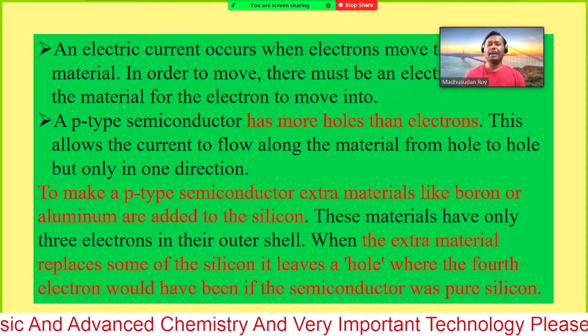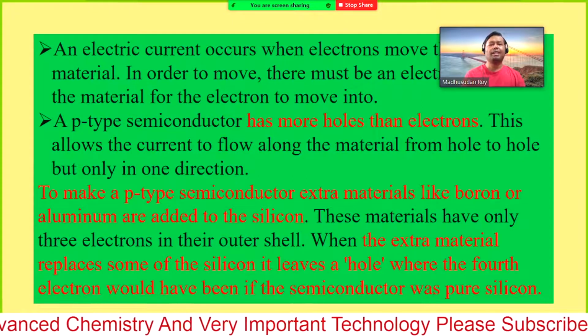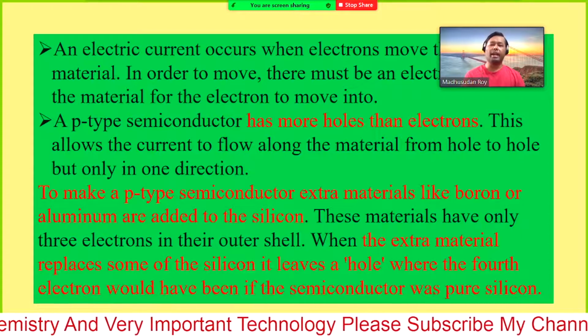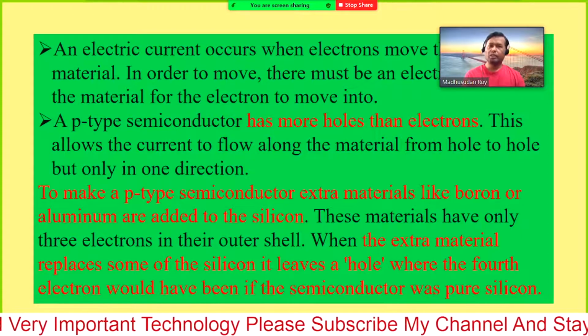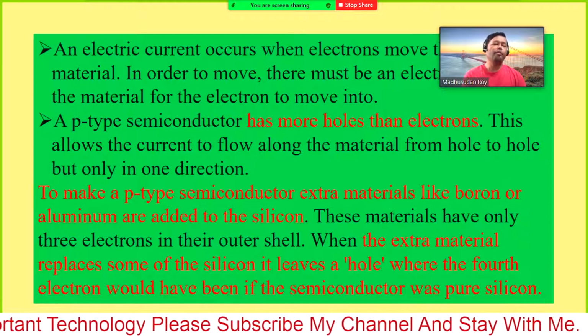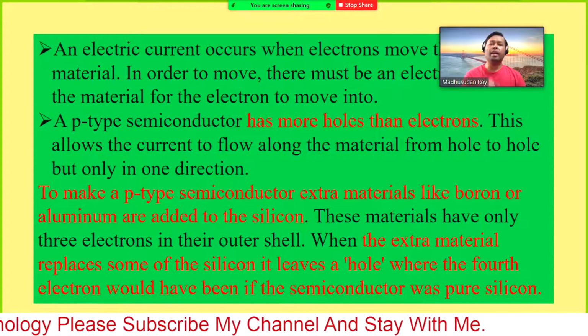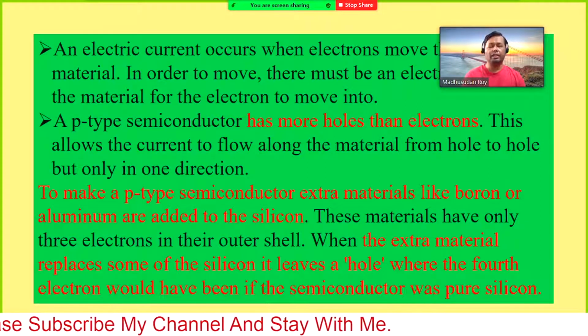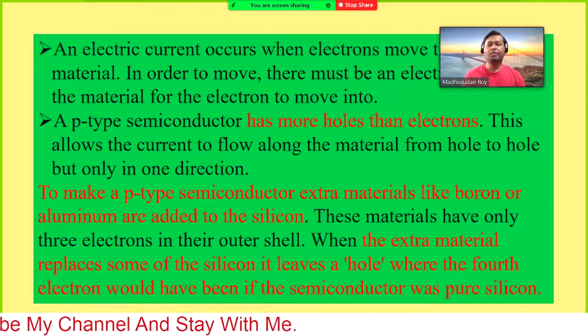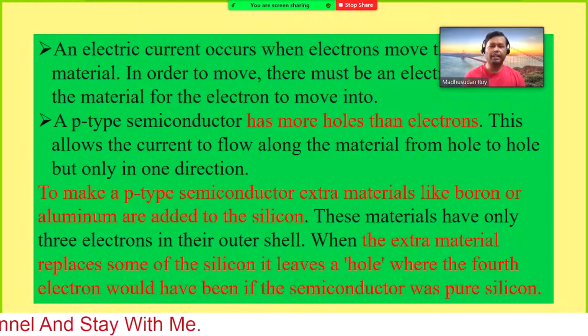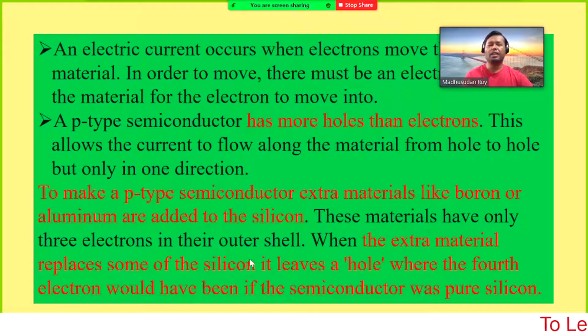To make a p-type semiconductor, extra materials like boron or aluminum are added to the silicon. Already mentioned that any material having 3 valency or outermost shell has 3 electrons, that type of elements or materials can be added to make the p-type semiconductor. These materials have only 3 electrons in their outer shell.